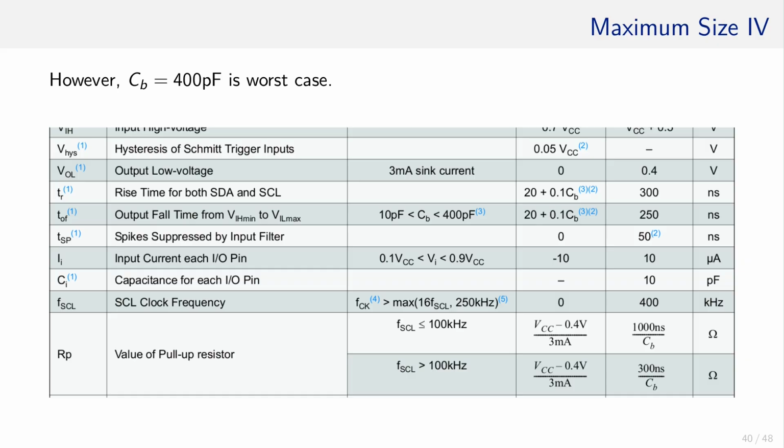The datasheet says that the pin capacitance is somewhere between an unknown value and 10 picofarad. That means if I have two Arduinos, the capacitance is around 20 picofarad, ignoring the wire capacitance of the bus. Usually the capacitance of a pin is around 7 picofarad, so 10 picofarad is again the worst case.